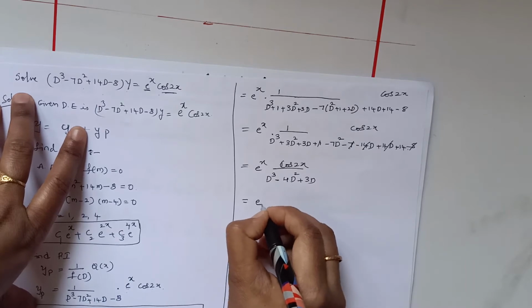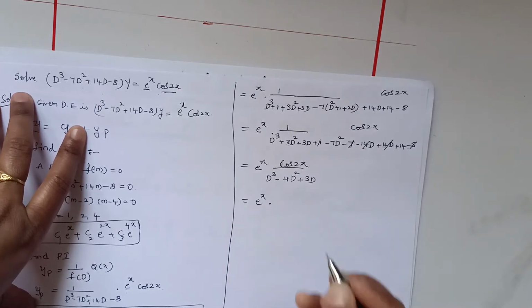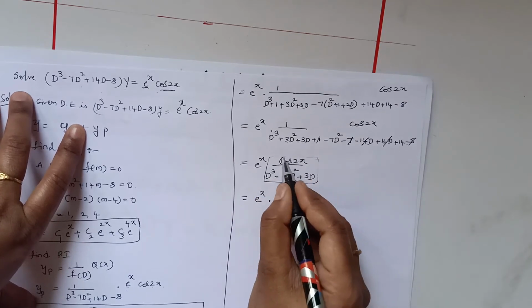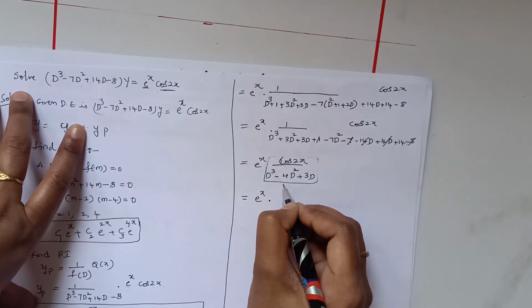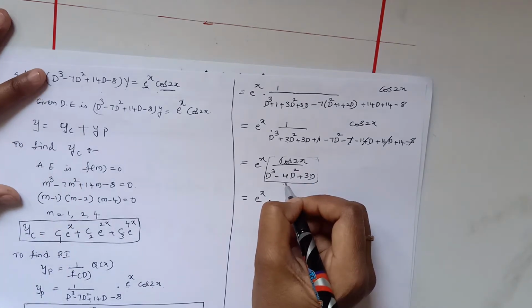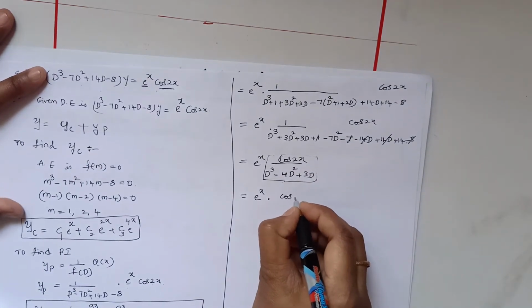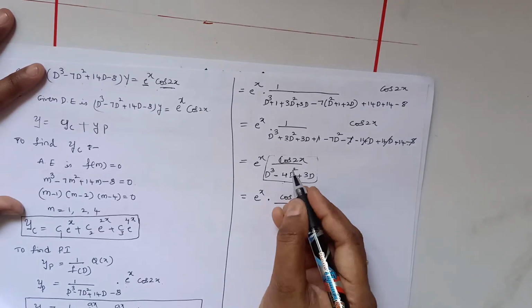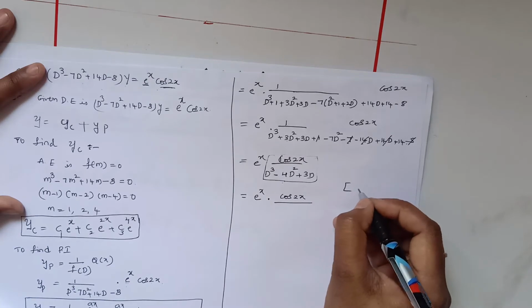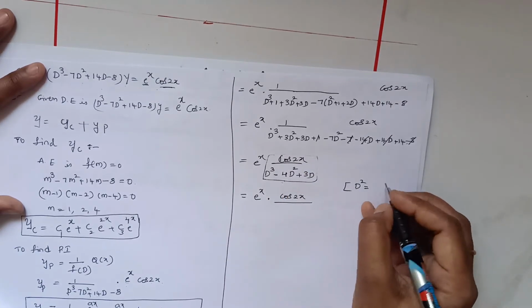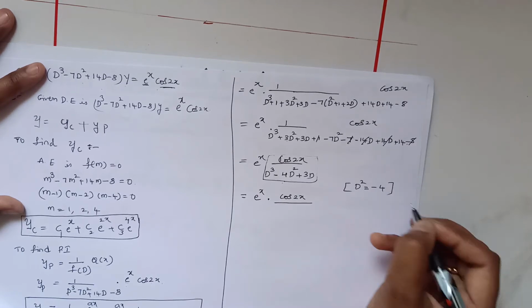Okay, e power x into, now look at this term, it is in the form of 1 by f of D into cos ax. If it is in the form of 1 by f of D into cos ax, we need to substitute D square equal to minus 4.